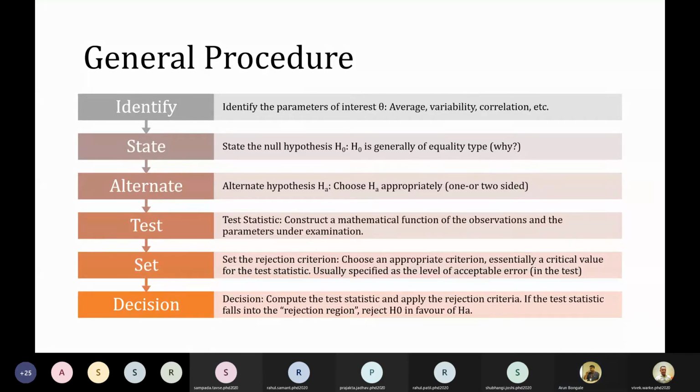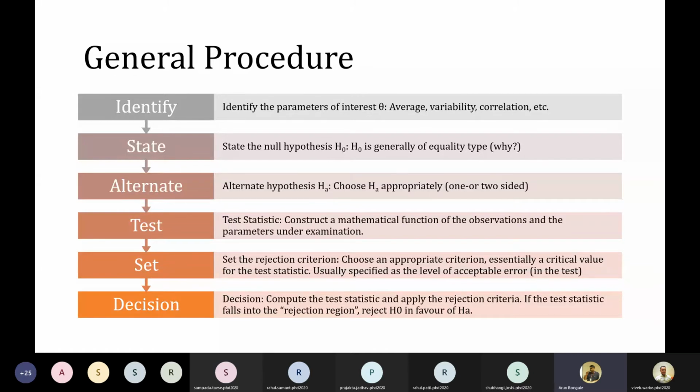For any hypothesis statement, you need to identify the parameter of interest, whether it is an average, variability, comparison, or correlation. That is the first step. Based on that parameter, you need to identify the null hypothesis H0.